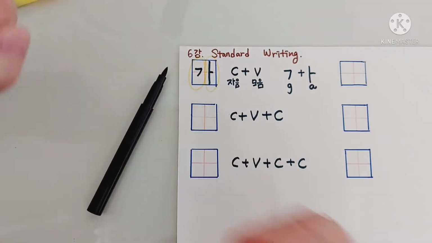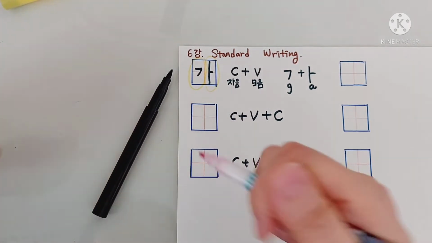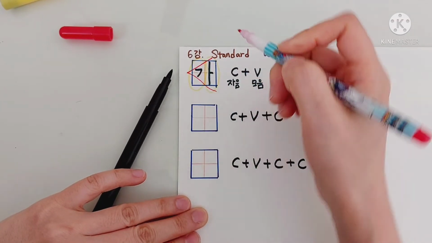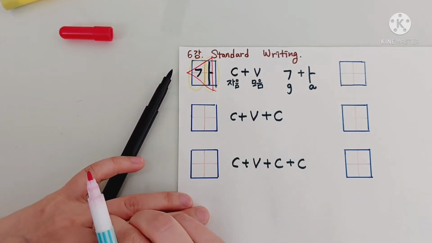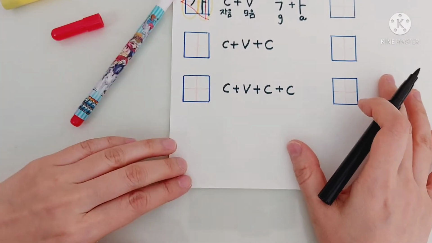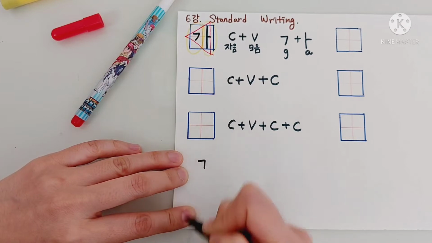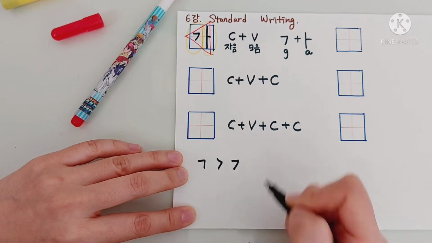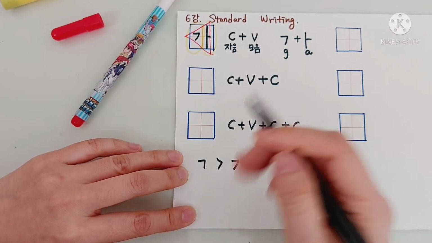And then the shape becomes like this, a triangle. We say this is very beautiful, but you don't need to care. Some people write 그 like this, or like this, or whatever.